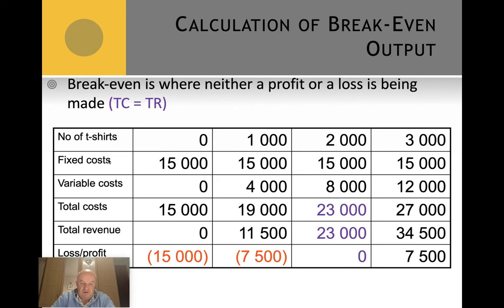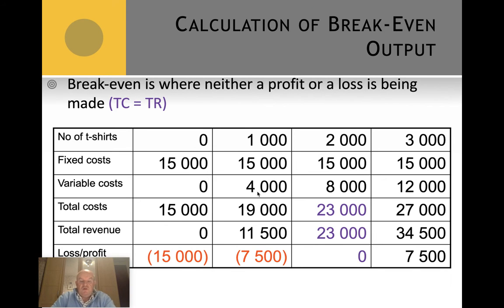If we've got a scenario like we've got here, we've got the number of t-shirts that we produce: 0, 1,000, 2,000, 3,000. We know our fixed costs are £15,000, so that's cost that doesn't vary with output, £15,000 irrespective of the number of units that we're producing.